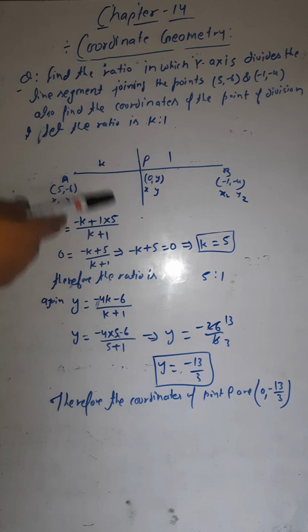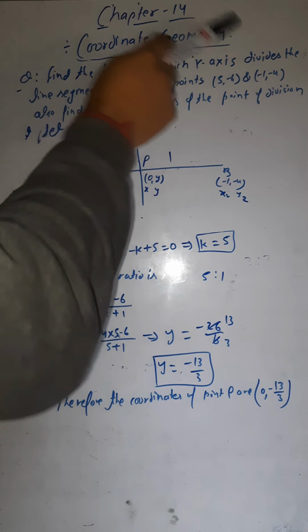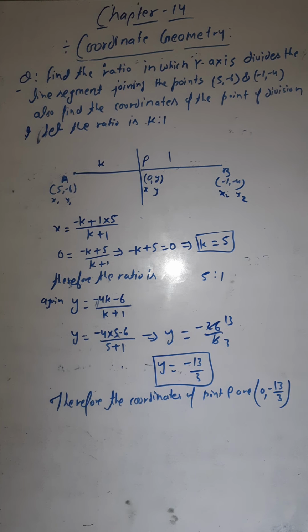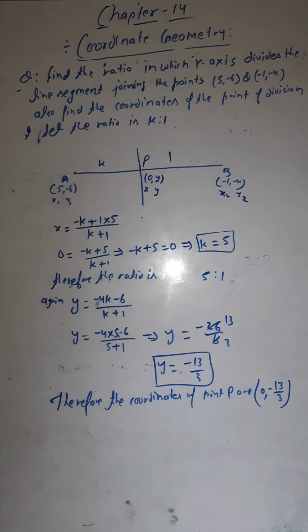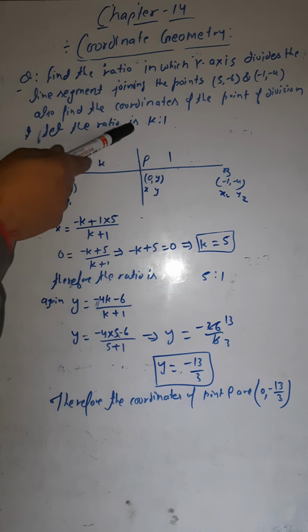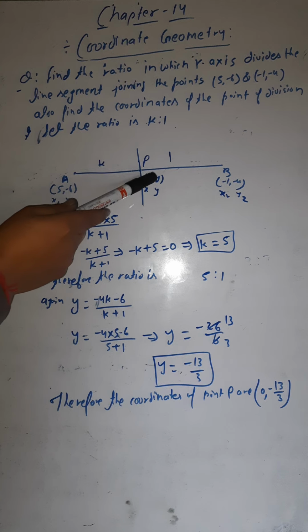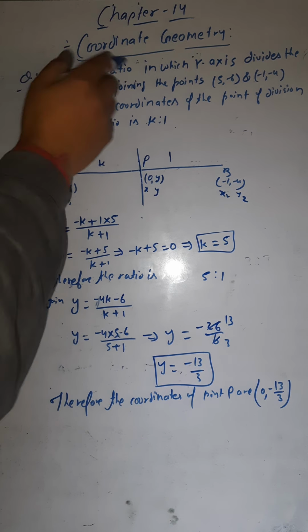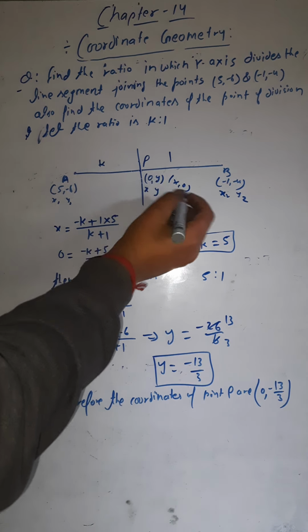Now if the question would be like this: find the ratio in which the x-axis divides the line segment joining this point and this point. Also find the coordinate. Suppose here it would have been written x-axis, then what would the point be? You must know if the point is on the x-axis, then the point is x comma 0.